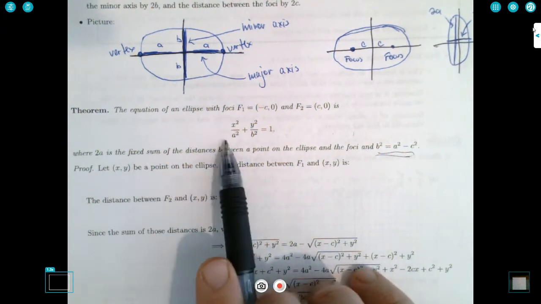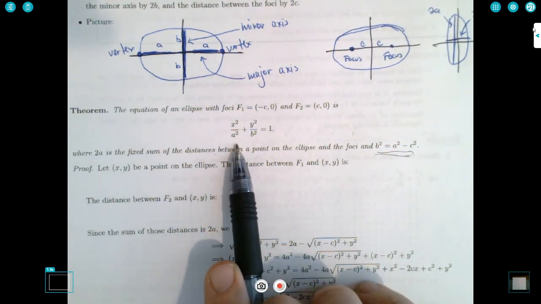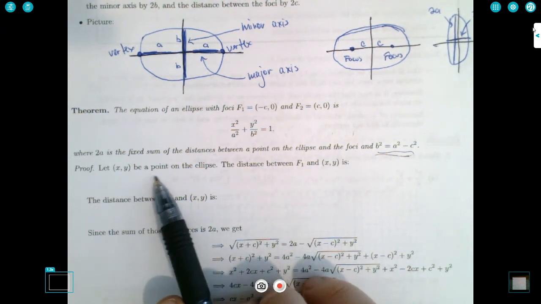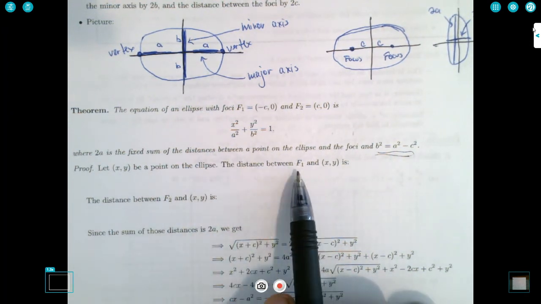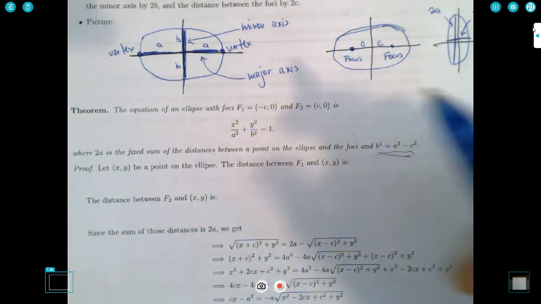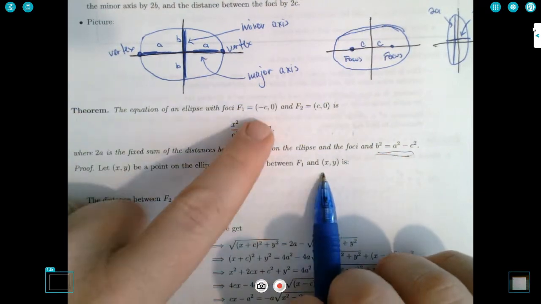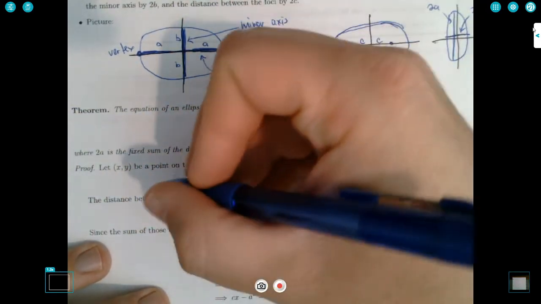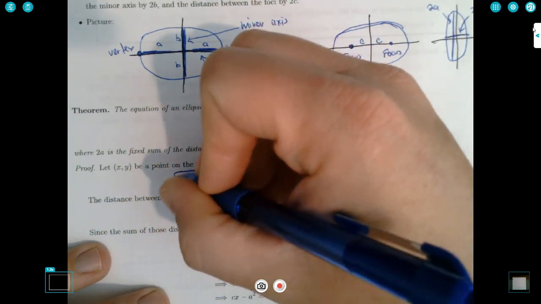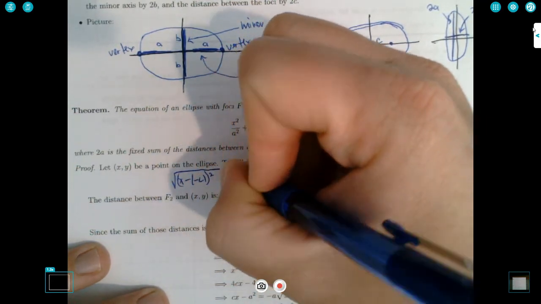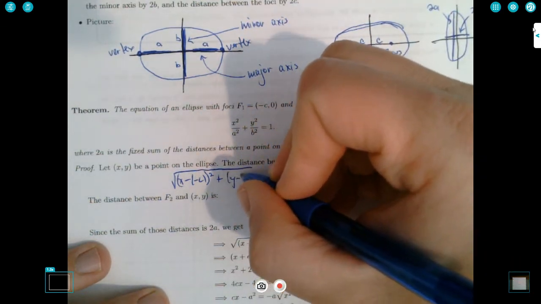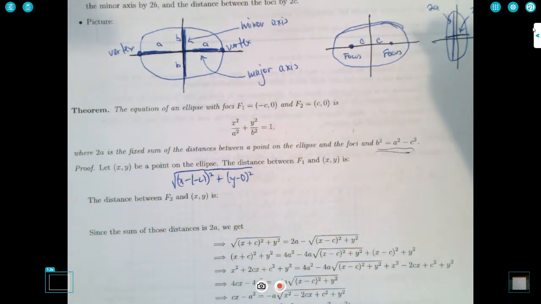So let's prove this fact. Let's prove that if you've got an ellipse, this is going to be its equation. Let's say that (x, y) is a point on the ellipse. The distance between F1 and (x, y) would be the square root of (x minus negative c) squared plus (y minus 0) squared.